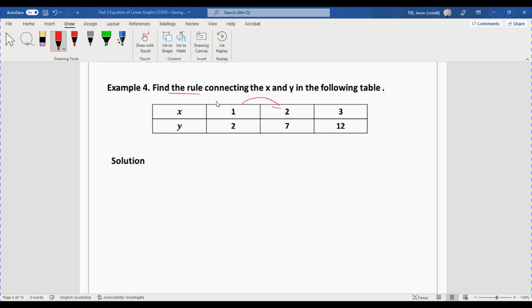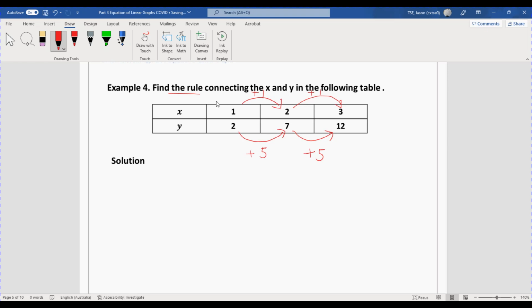Think about this. What should be the first thing we need to do? Some of you might have got the answer. First, you need to check the change in x versus the change in y. You can't just check for one pair. You need to check all the pairs of values. So it seems like when x is increased by 1, y is always increased by 5.